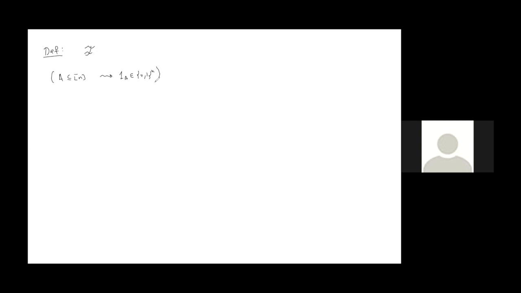But we'll move from this language very often. So let calligraphic F be a family of sets. We say F is intersecting if any two elements in it have non-empty intersection.